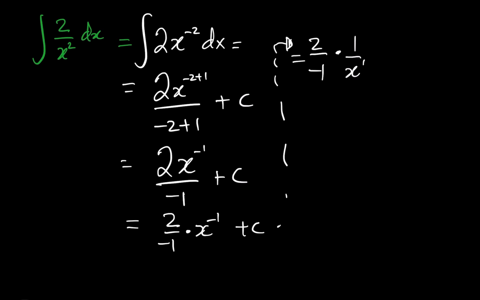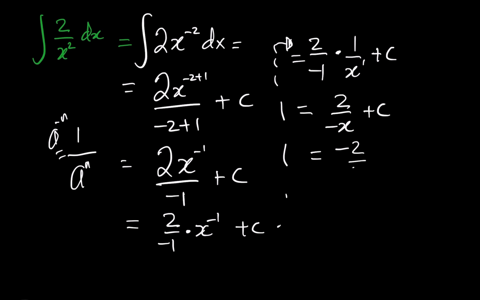Remember indices: if you have a to the power negative n, it is the same as 1 over a to the power n, making the exponent positive. So we end up getting plus c here. This gives us 2 over negative x plus c, which is the same as negative 2 over x plus c. All right, I hope that clarifies some of the problem.